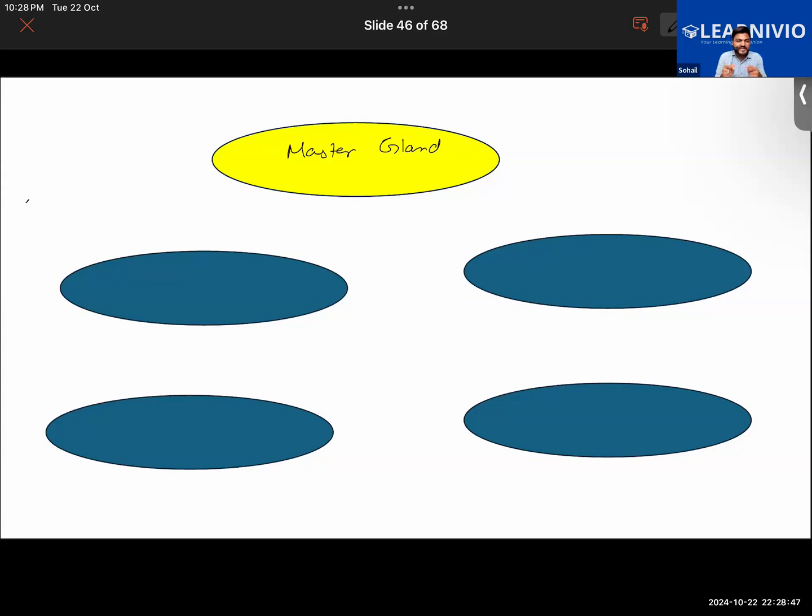Exactly. So the master gland, I'm using the term for the pituitary gland, will be sending hormones towards the testis and ovary to start the production of testosterone and estrogen and progesterone respectively.